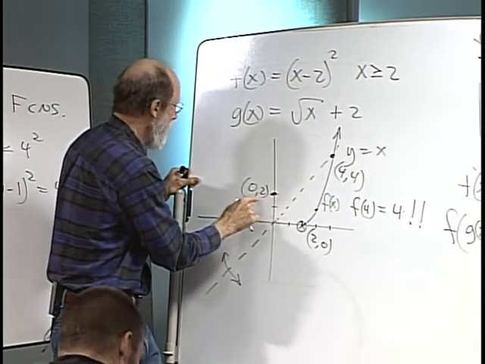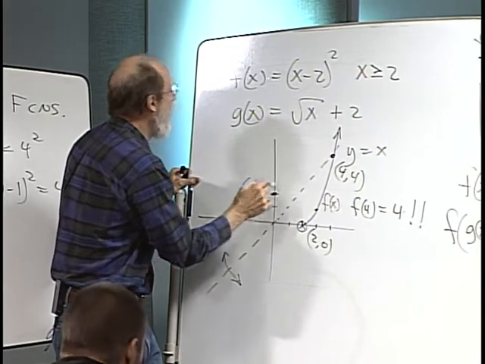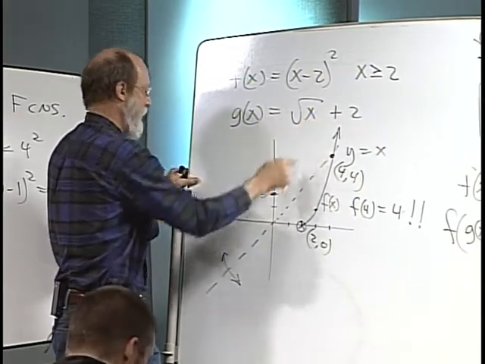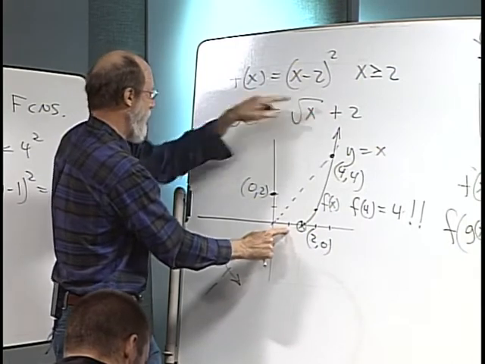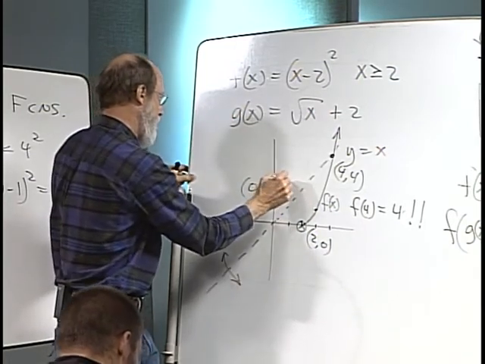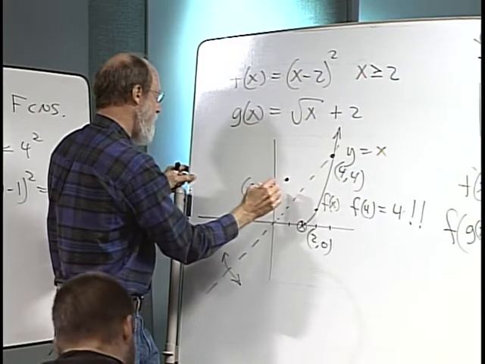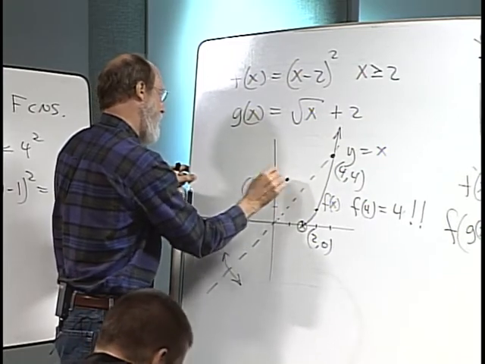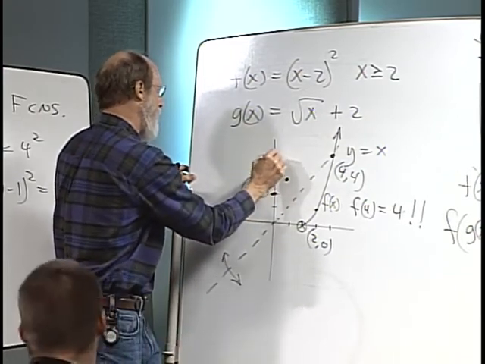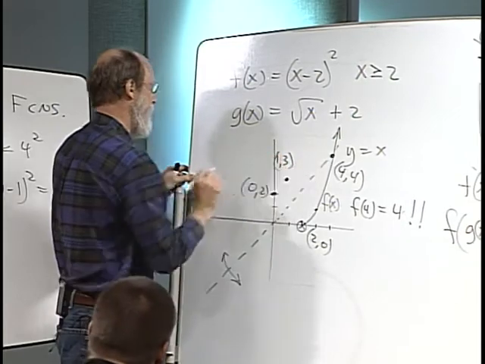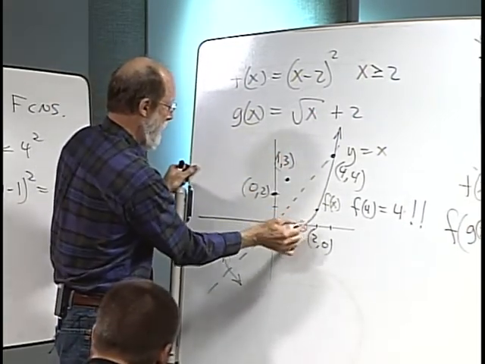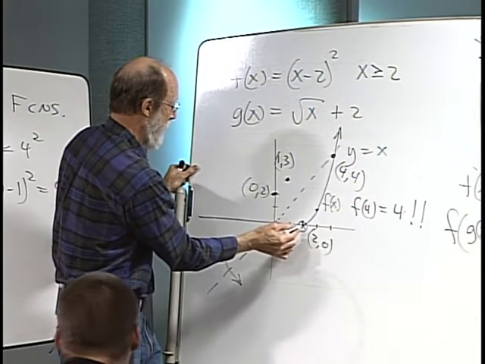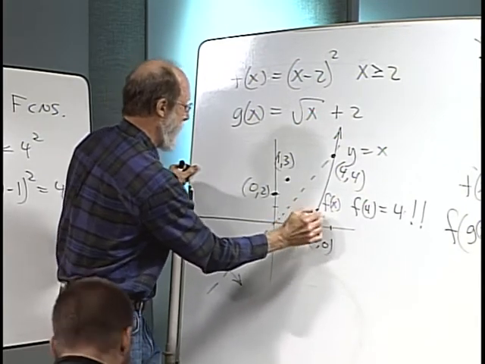And then if you put an x equals 1 in here, you get 3 right there. So that point would be (1, 3), wouldn't it? Let's see, what was this point over here, down on the parabola's wing? (3, 1), wasn't it?